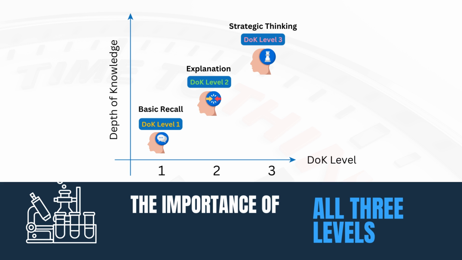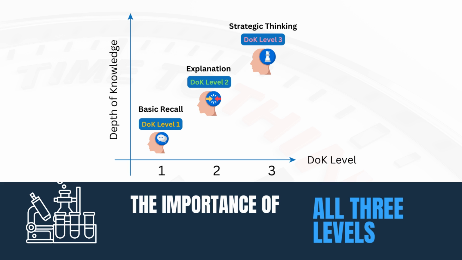And so to understand something, to be able to explain it, isn't quite the same amount of time needed to think strategically about it. So the example I gave earlier of electrons being the same mass as protons really also requires a lot of understanding about particle mechanics, which isn't something we explicitly cover. And so there's going to be extra steps we need to get there to equip students to think at a DoK level 3.